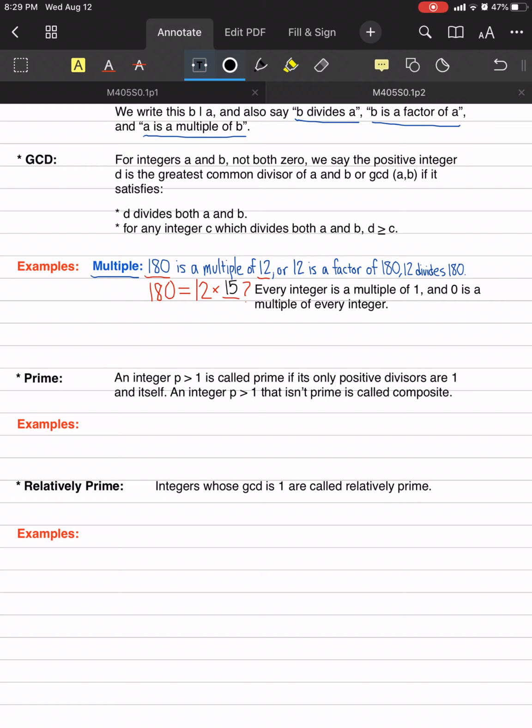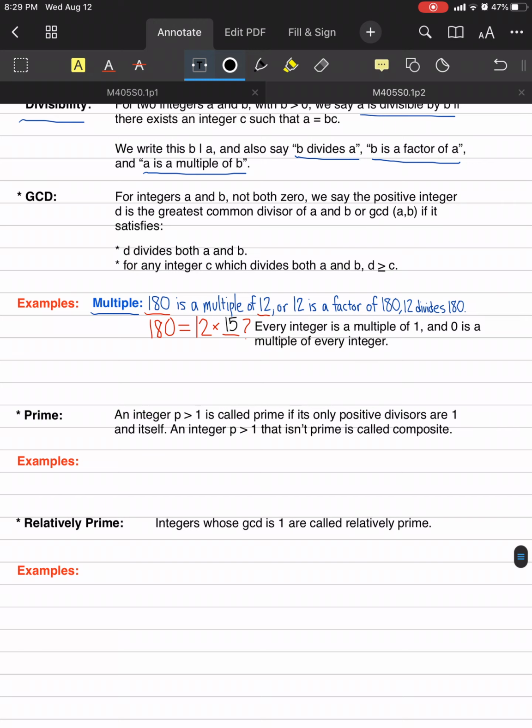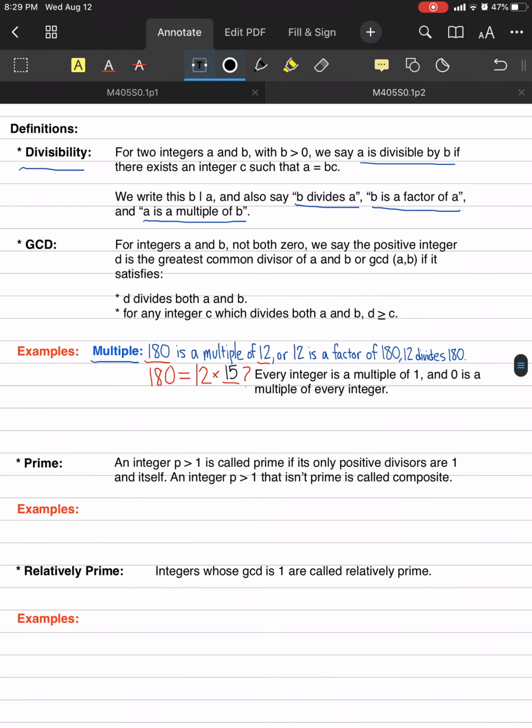Our second definition is a little bit more complicated, but not too much. It's the GCD, or greatest common divisor. And again, this is something you will have seen before when you're dealing with numbers, fractions, that sort of thing, way back as far as grade school.